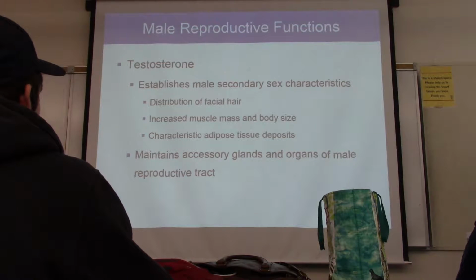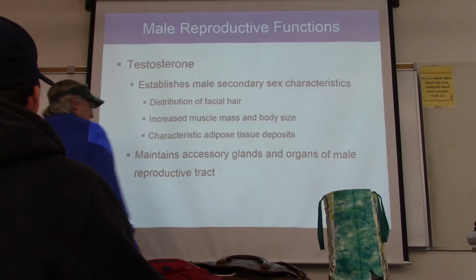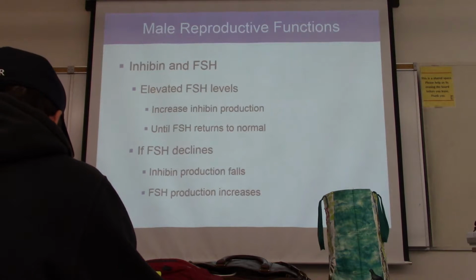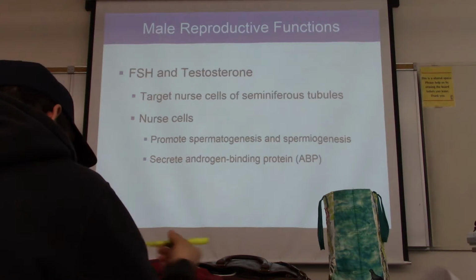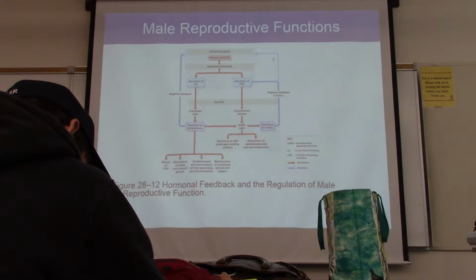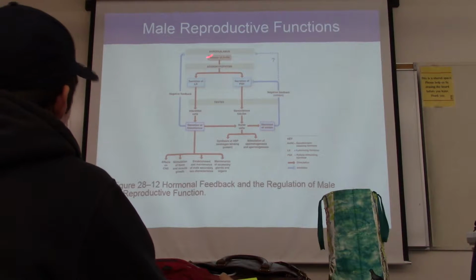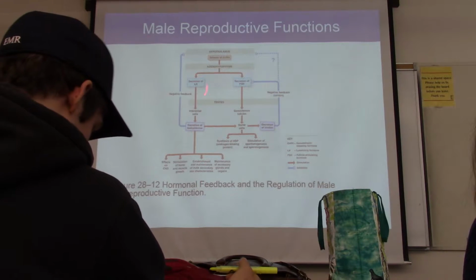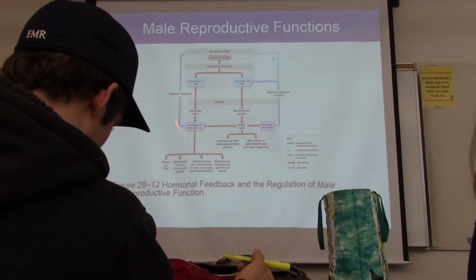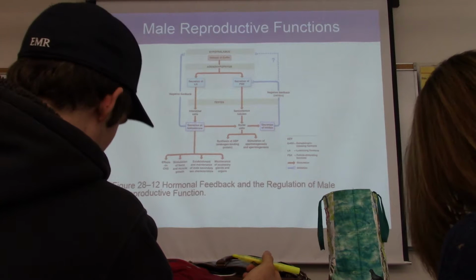Okay. So anyway, the male hormones are really pretty straightforward. I want to say that we've kind of already talked about them. This is the slide I think you ought to study right here, because it talks about the different hormones: LH, FSH, testosterone, inhibin, nurse cells, seminiferous tubules.